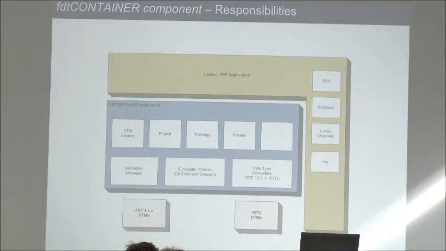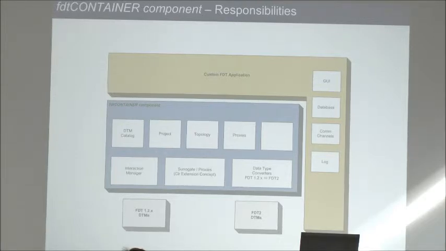And the data type converters finally do the conversion of the FDT 1.2 XML structures into the FDT2 .NET data types and vice versa. So you don't need to do this by yourself. It's all done by the container.